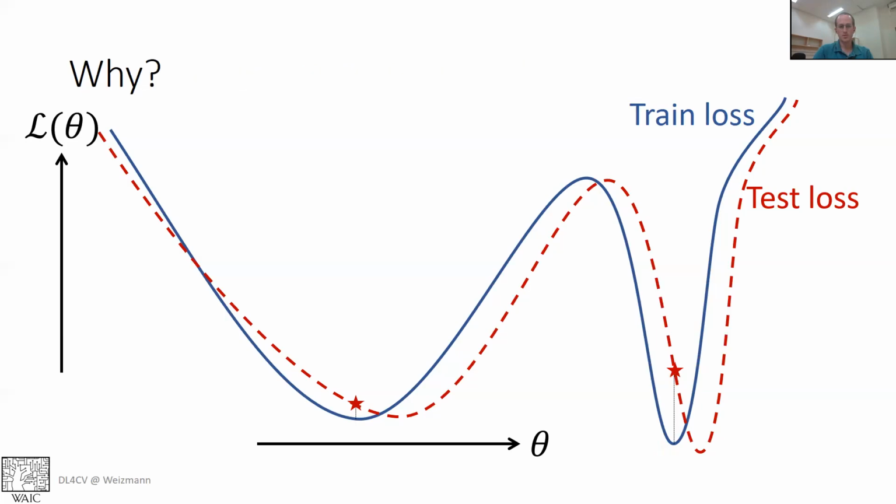Whereas if we are here at this shallow local minima, the difference is not that critical. So we see that we want to find these wider and more stable minima for robust generalization. And we usually achieve this using small batches and noisy gradients.